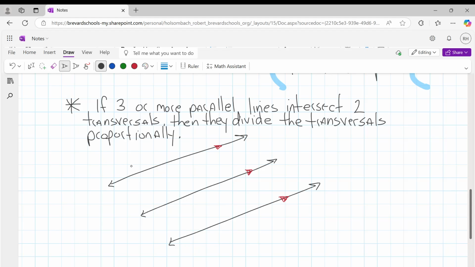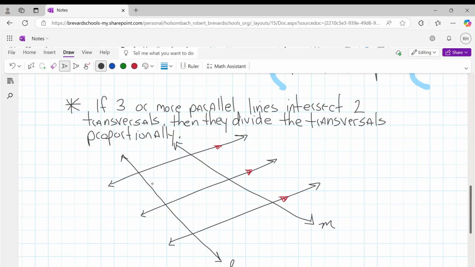So if we put a transversal here, and then another one here, call the transversals L and M. They divide the transversals proportionally.